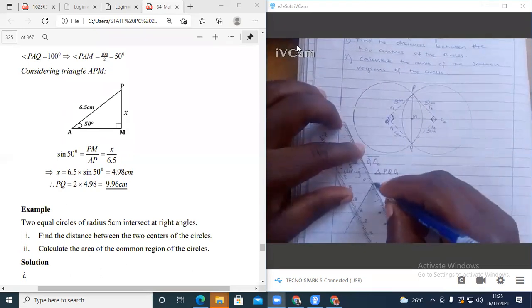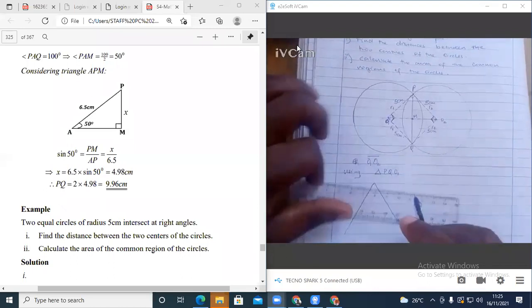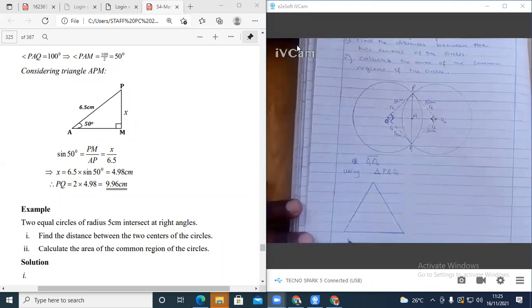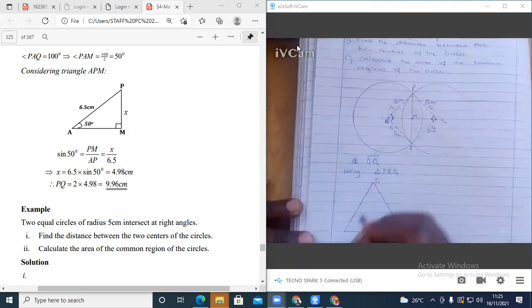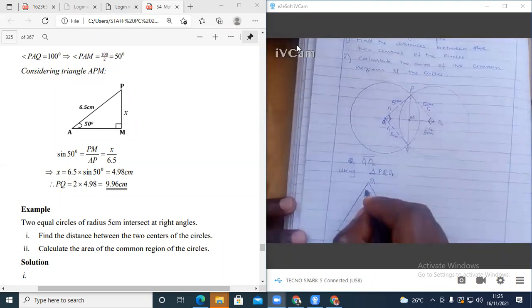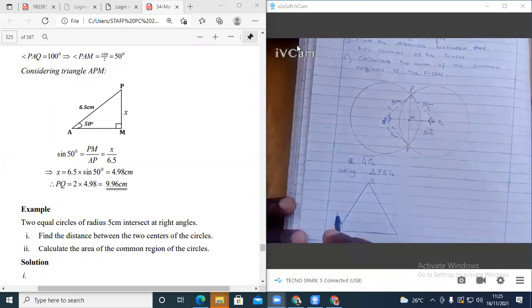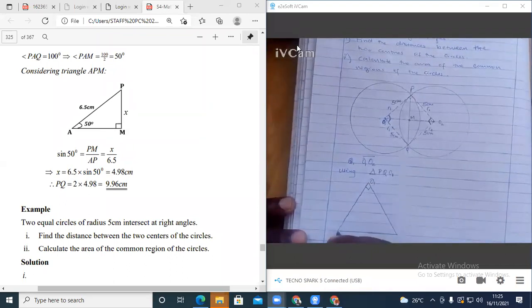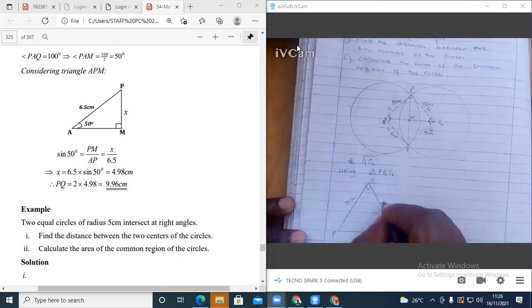So this is O1 there. The angle here is 90 degrees. Then this is P, this is Q. This is 5 centimeters. This is also 5 centimeters.